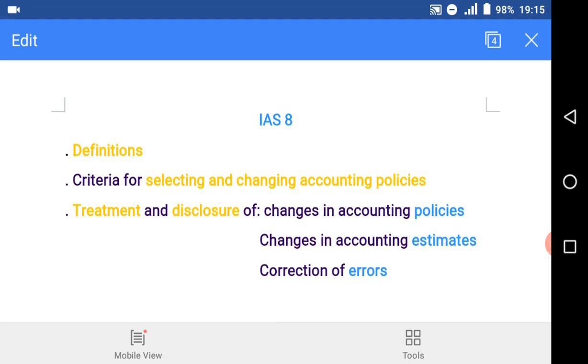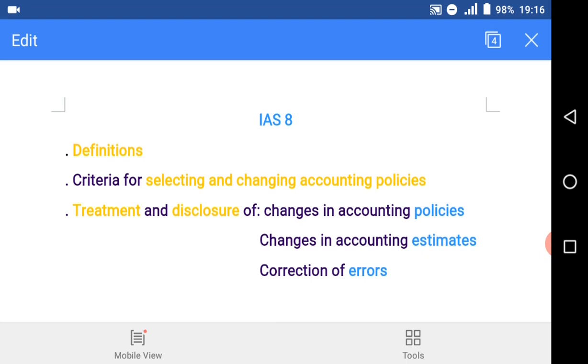Now, this topic, IAS 8, has three broad areas. First policies, second estimates, then third errors. So the third aspect is the treatment and disclosure of the first of the three: changes in accounting policies.